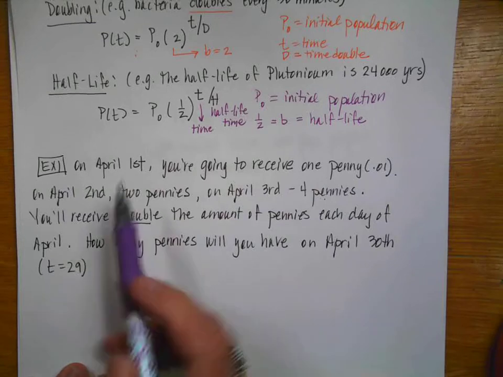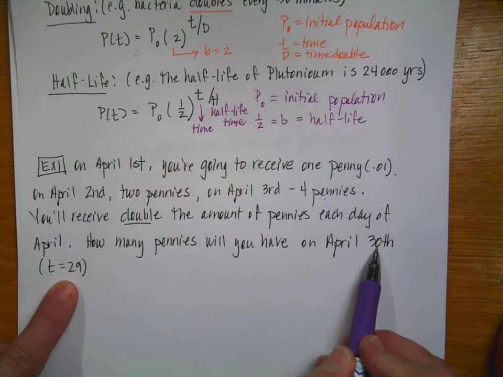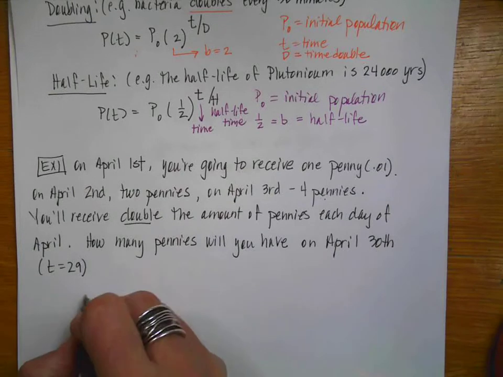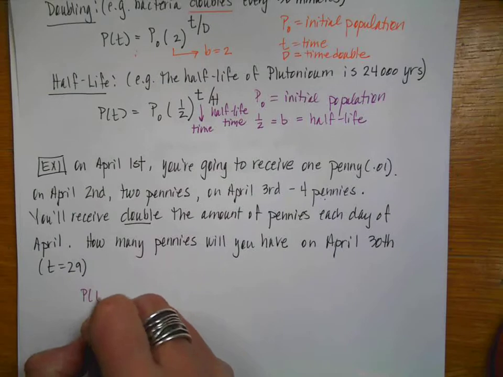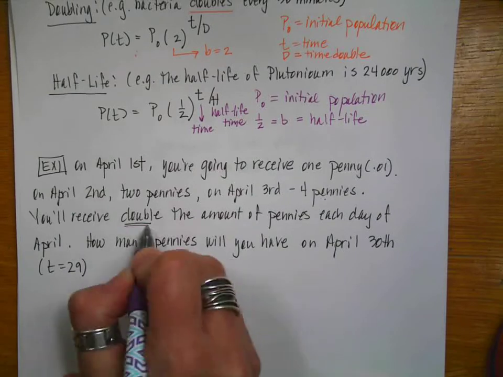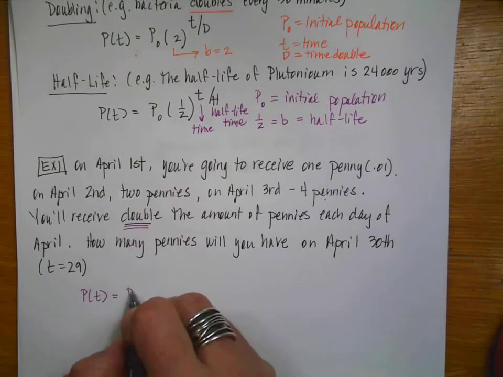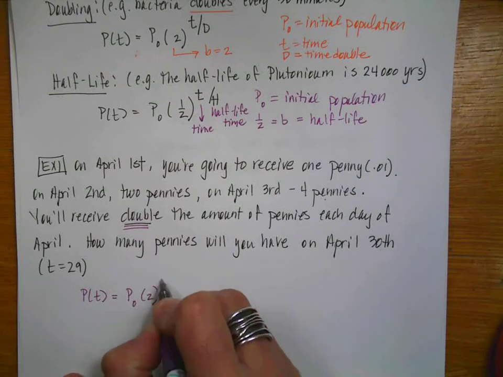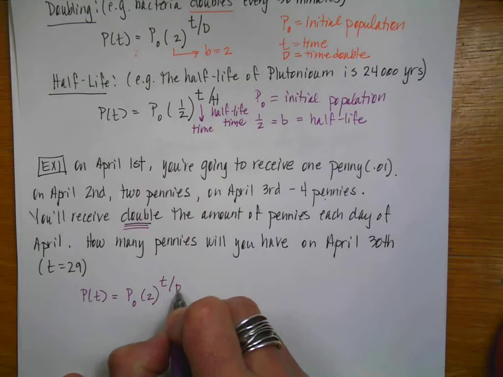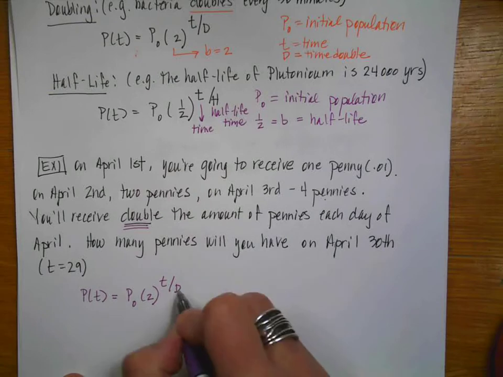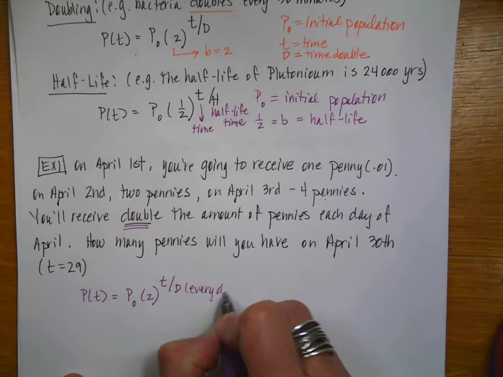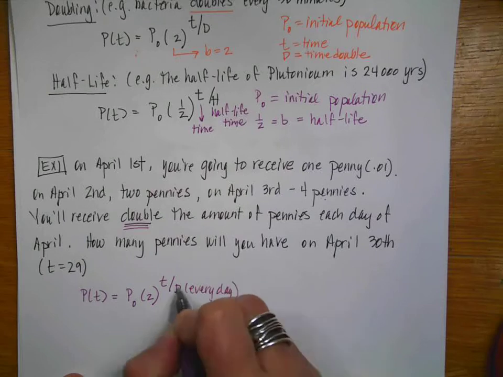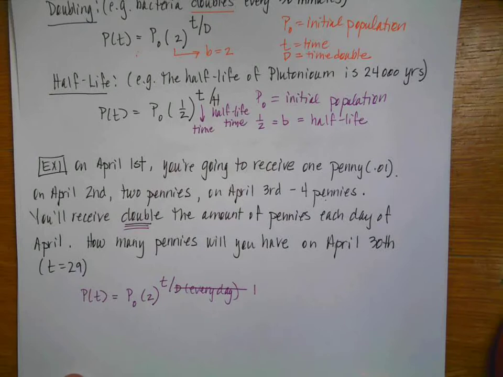And since we start on April 1st, that means that April 30th, our time is going to be equal to 29. So I would start with my p of t is going to equal, since we're talking about doubling, p sub 0 times 2, and then it's going to be time technically divided by d, but in this case it's doubling every day, so that means that this is 1.